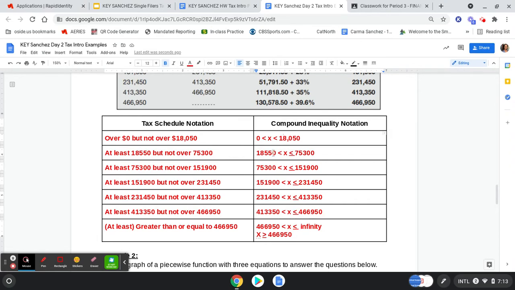So this one's good. Now this one starts with at least, so this one needs to be the equal to, and this one needs to be the less than only, and so on and so forth. Sorry if you're erasing right now because you have these all backwards from what I originally put. The thing we had typed in here was wrong, sorry.